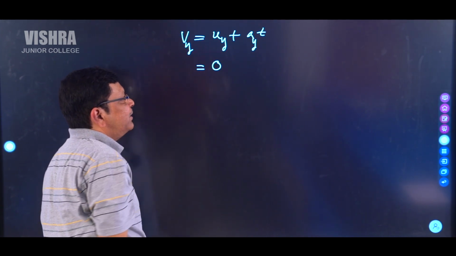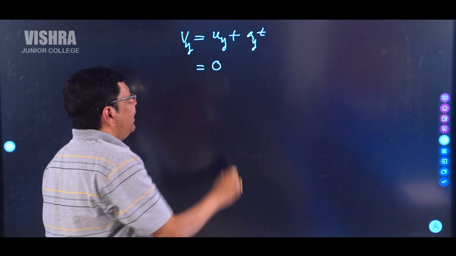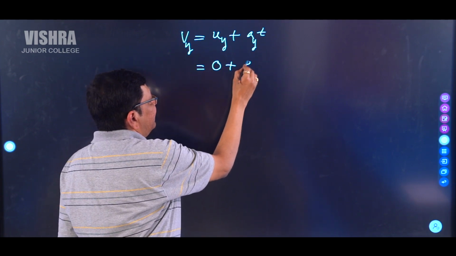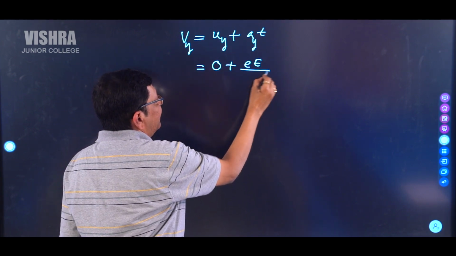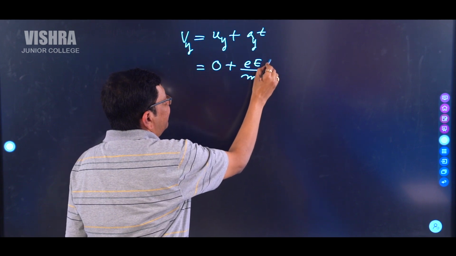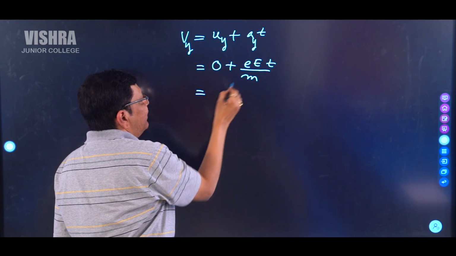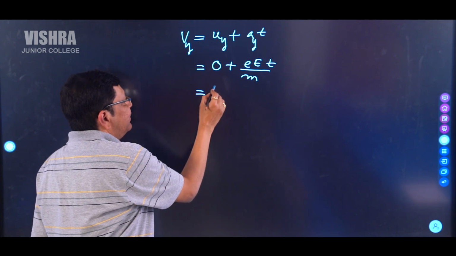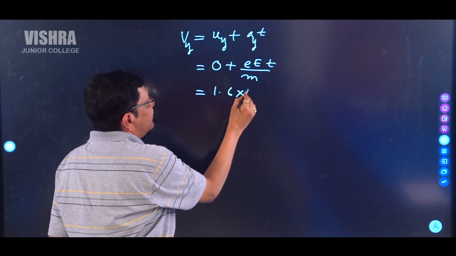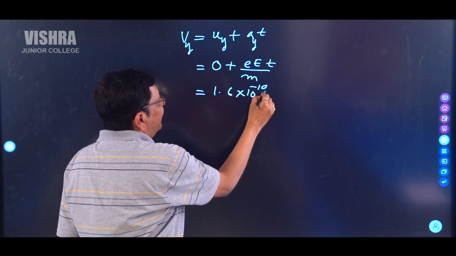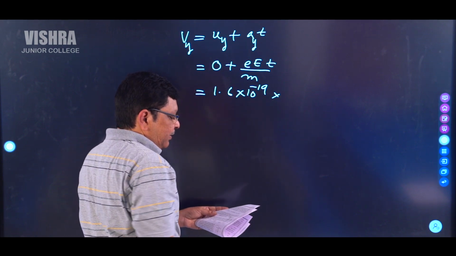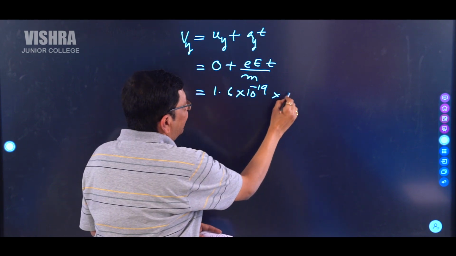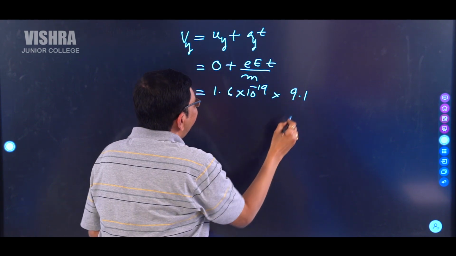Initially no velocity y component is given, and the acceleration y component is force, small e times capital E, divided by mass of electron, into time. Here small e is given in the question, and that is 1.6 into 10 power minus 19 coulombs, and the electric field given in the question is 9.1 volt per centimeter.